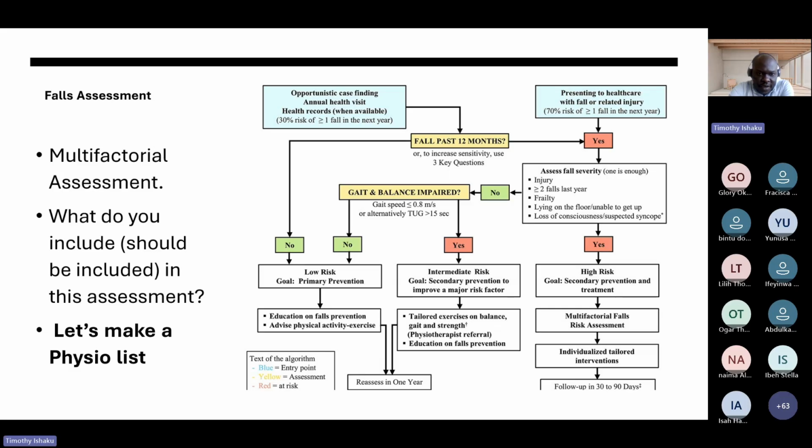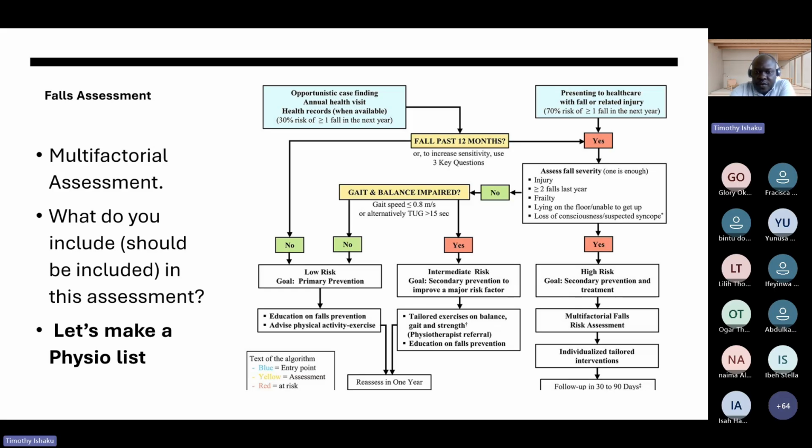And if they answered yes, look at the injury. They have an injury. They have fallen more than twice in a year. So one thing with falls is more than once in a year. So two or more. Then if they've fallen two or more, then we categorize them as high risks of falls.